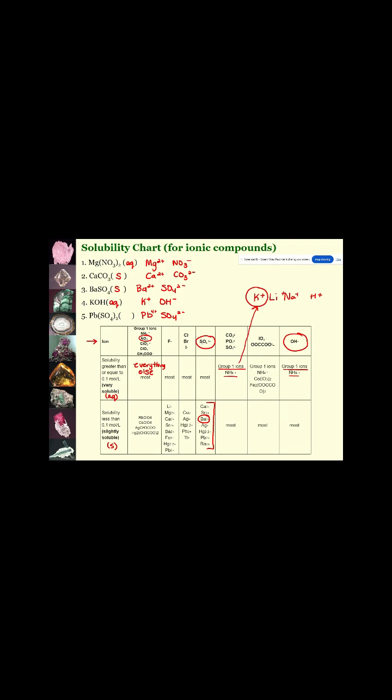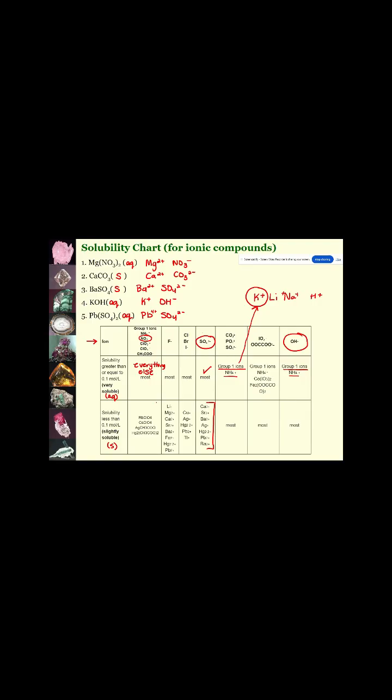So when I'm looking at sulfates, again, this was my sulfate. Lead with a 2+ charge is listed down here as being solid, but I don't have lead with a 2+. I have lead with a 4+. So that means it fits up here instead and is aqueous.